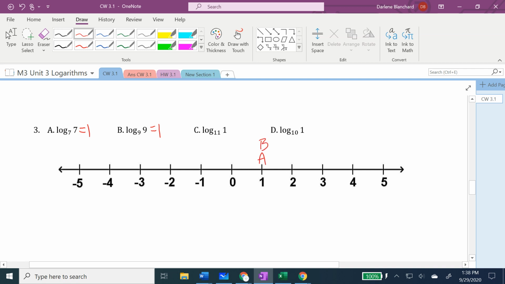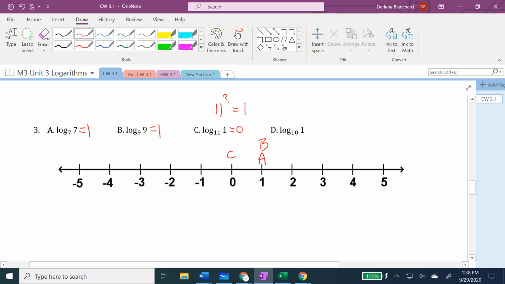Now look at C. Good. Because what it's asking is if your base number is 11, and now I'm not going to color code, what exponent do you have to have on that 11 to get an answer out that is 1? And that would be 0. So C is going to go here at 0.